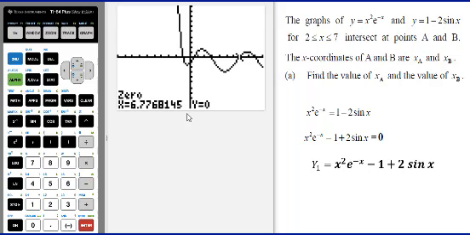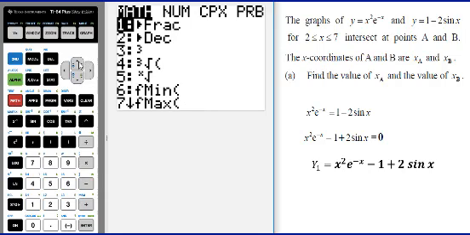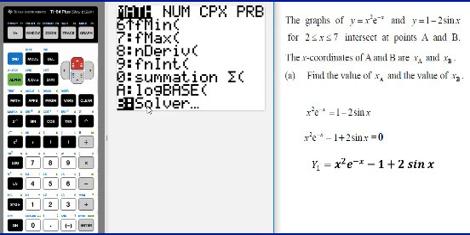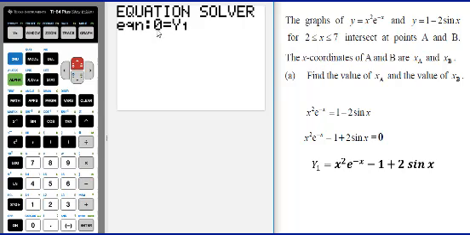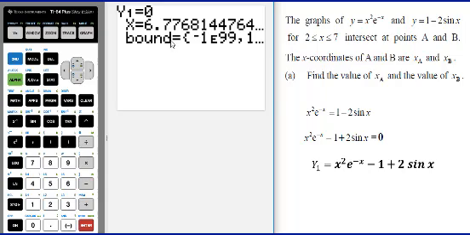I want to show you the equation solver to solve this equation. Which method is better for you? Just choose that. So we go to math. Upper arrow, go to solver, enter. Still, you need to put the y1 equals 0. Then I put enter.